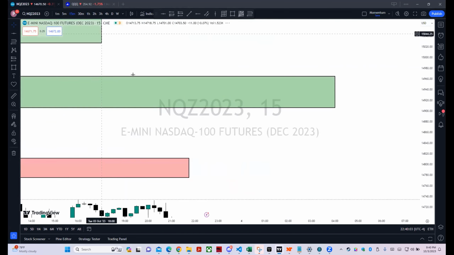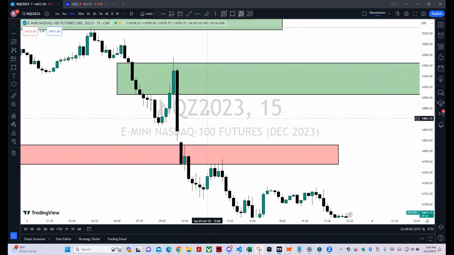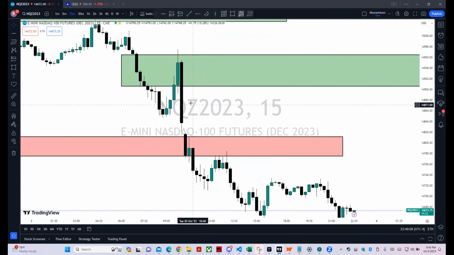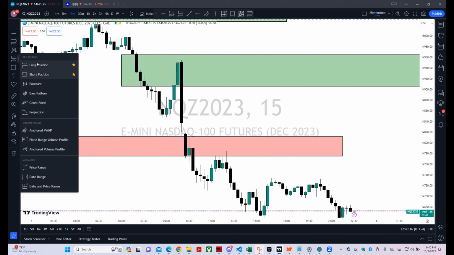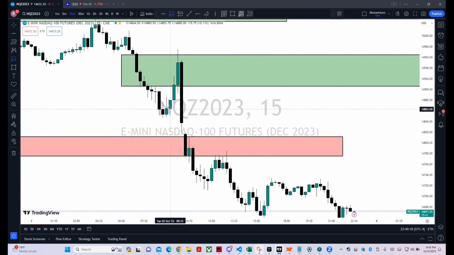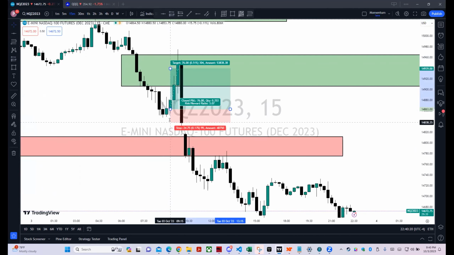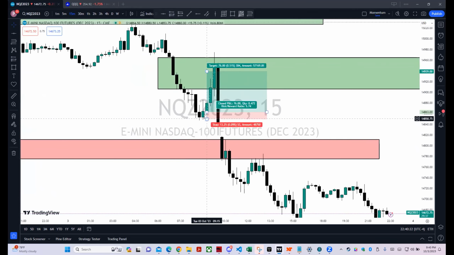I did not want to take this trade, albeit I should have. I did, however, take this trade. Stopping below the candle here, I almost took this up to the top.